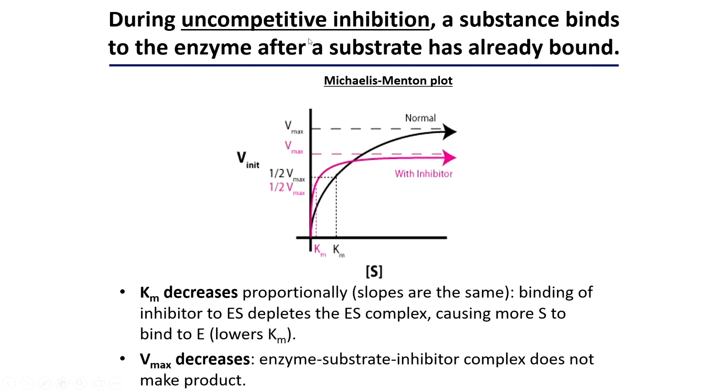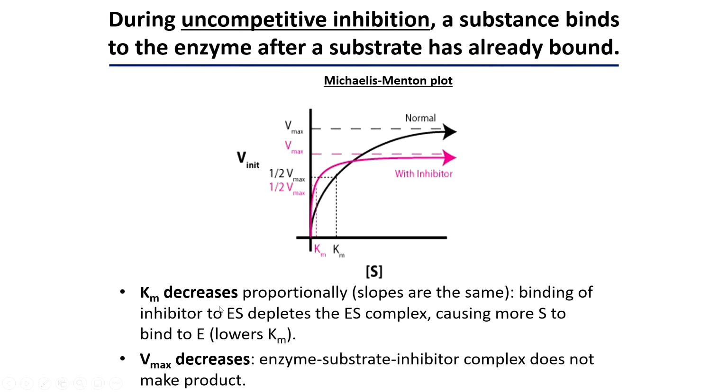During uncompetitive inhibition, again, the inhibitor binds to the enzyme once the substrate has already bound, and then increases the stability between the enzyme and the substrate, making it impossible to create a transitional molecule. What that does to Km is it makes it look as though the enzyme is really good at binding its substrate. It tightens the interaction between enzyme and substrate. And so Km will appear to decrease.